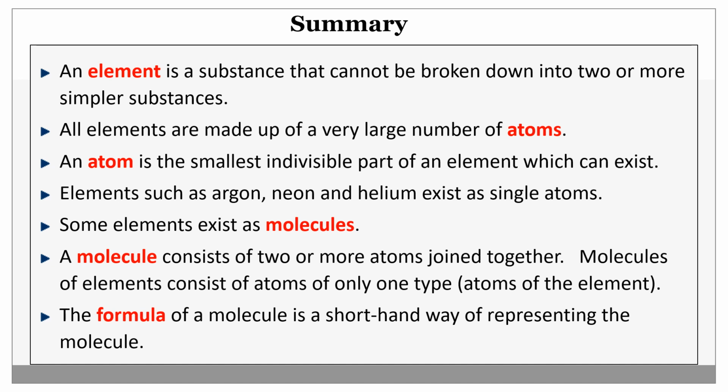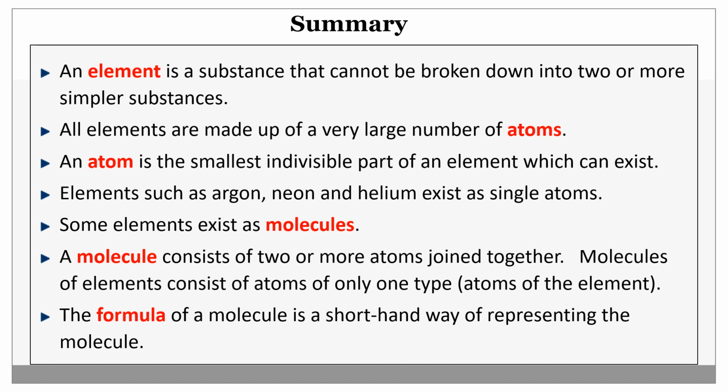Elements such as argon, neon, and helium exist as single atoms. Some elements exist as molecules. A molecule consists of two or more atoms joined together.